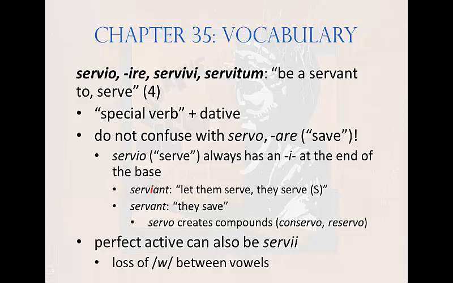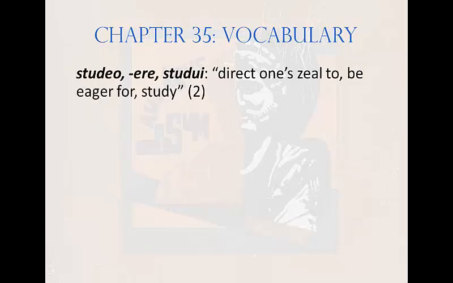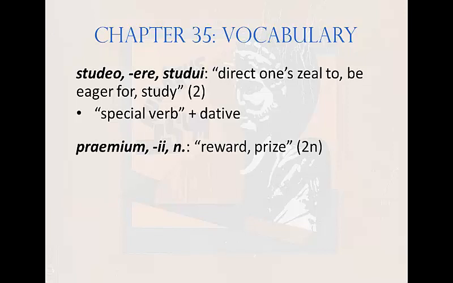Discipuli. The next to last special verb on this vocabulary list is studeo, studere, studui, meaning direct one's zeal to, be eager for, or study, a second conjugation verb, plus dative. Finally, here's a noun, praemium, praemii, neuter, meaning reward or prize.